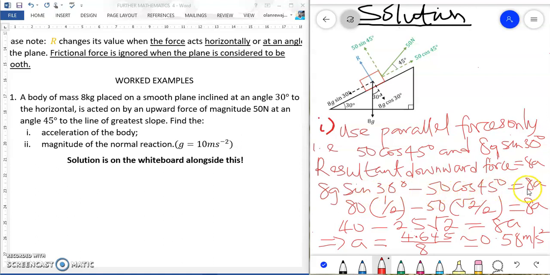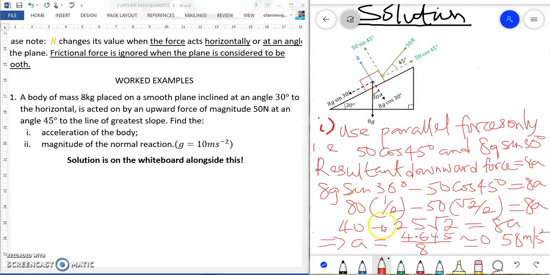Since there is a resultant force, that means the body accelerates downward. So we are going to equate this resultant force to 8a, which is from Newton's second law of motion.